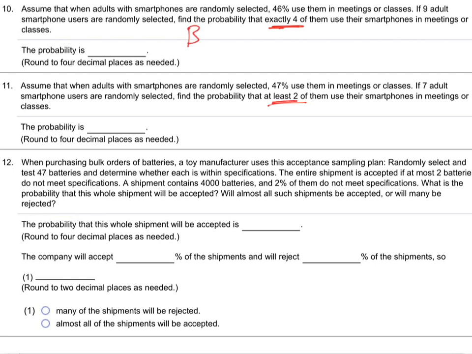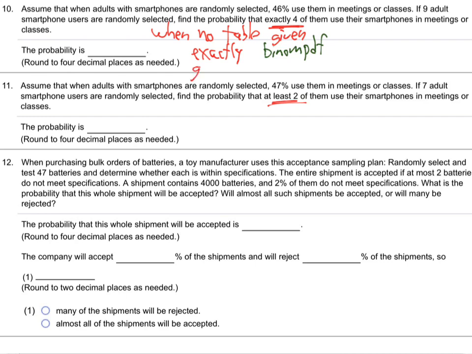So let me write a note to help you recognize when there's no table given: if they say exactly, you use binom PDF.